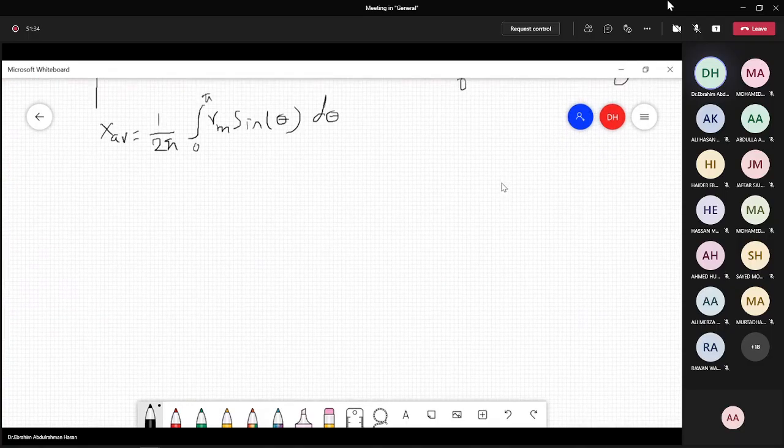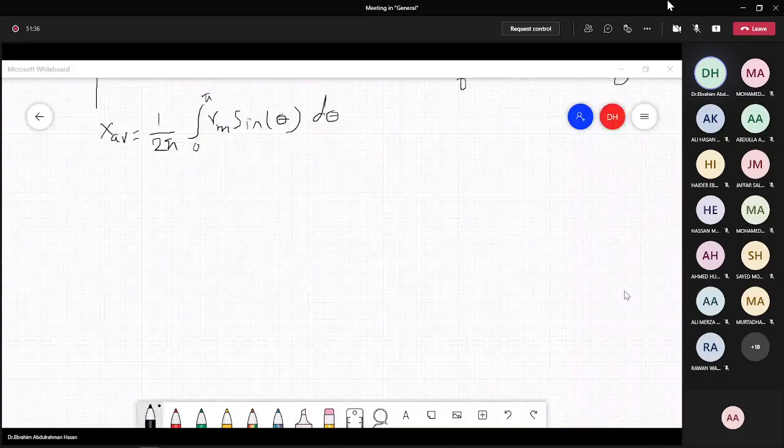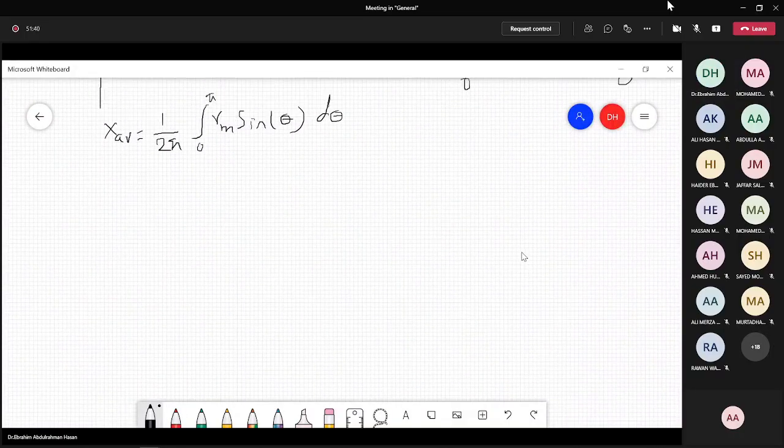Clear? Okay, let me take another example, or last example here.